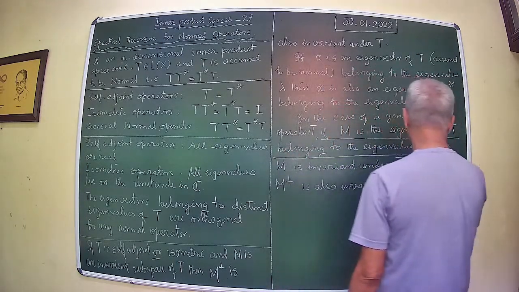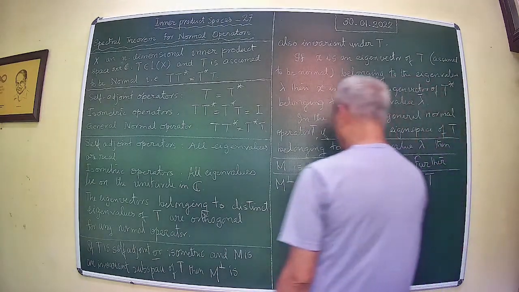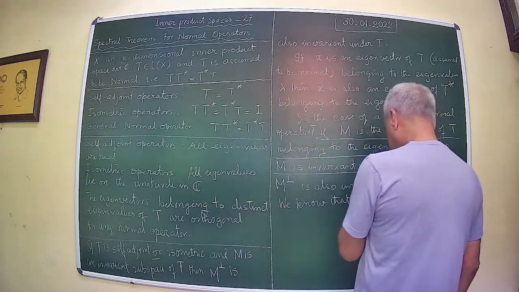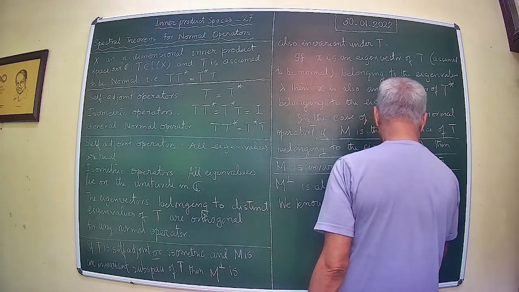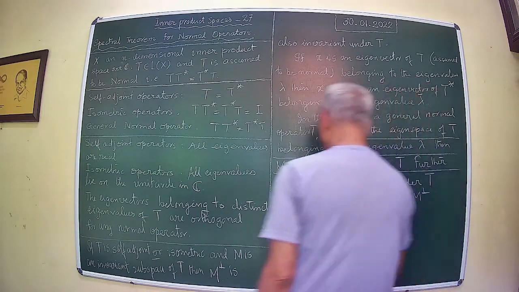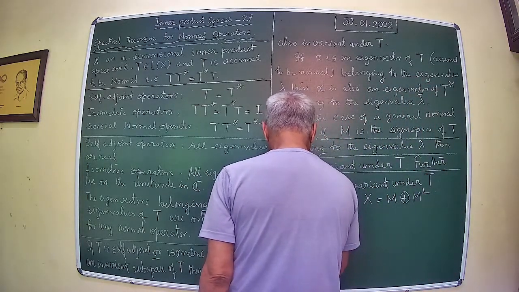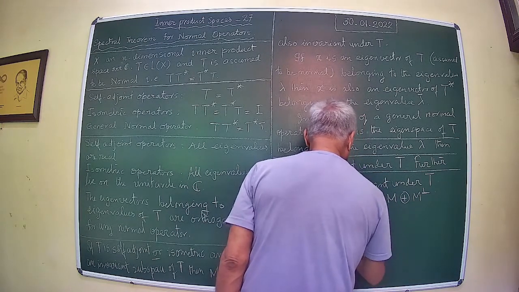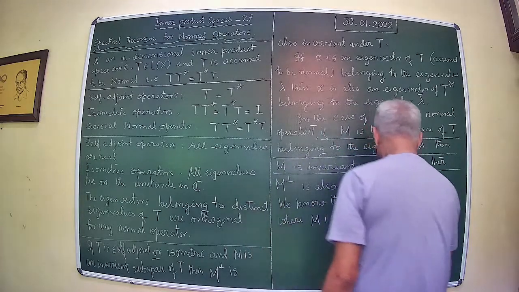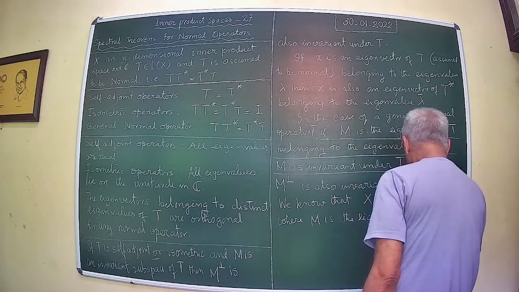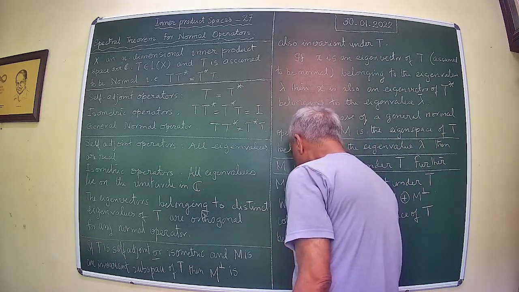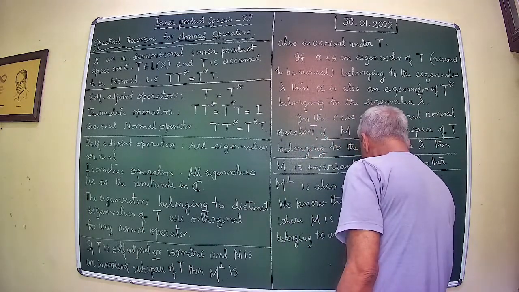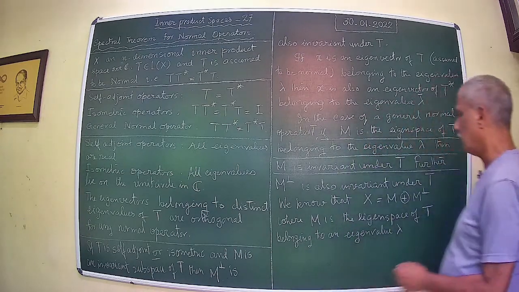What is the consequence of this result? Consequence of this result is that now we know that X is equal to M plus M perp, where M is the eigenspace of eigenvalue lambda.